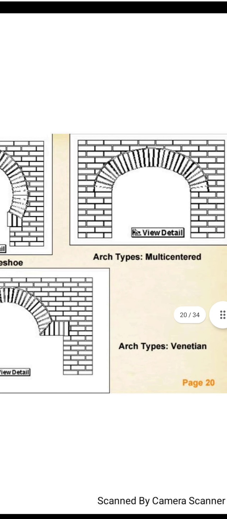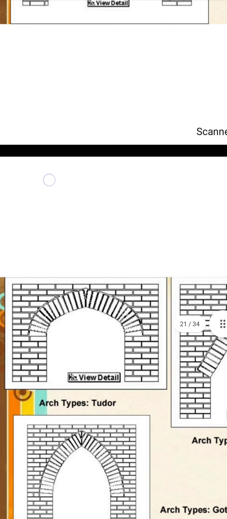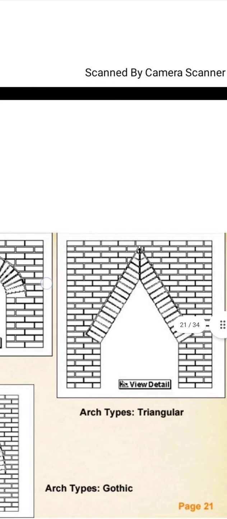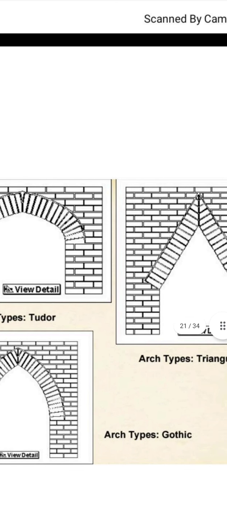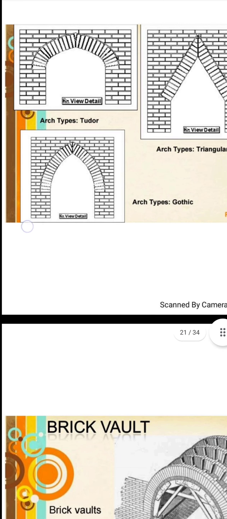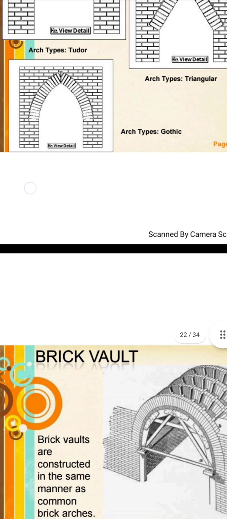And look at this, this is Venetian arc, and this is Tudor arc. And look at this, this is a triangular arc, and this is Gothic arc. It is nothing, you just have to remember the diagram with the name.